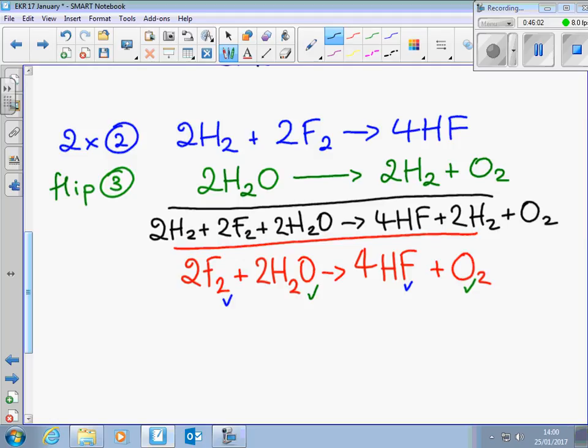But the common thing on each side is 2H2. So if you put them in and you get them out, they didn't do anything. So we can get rid of that because it's going in and coming out, so it's not involved in the reaction as such. And so we're left with our final product. All right?